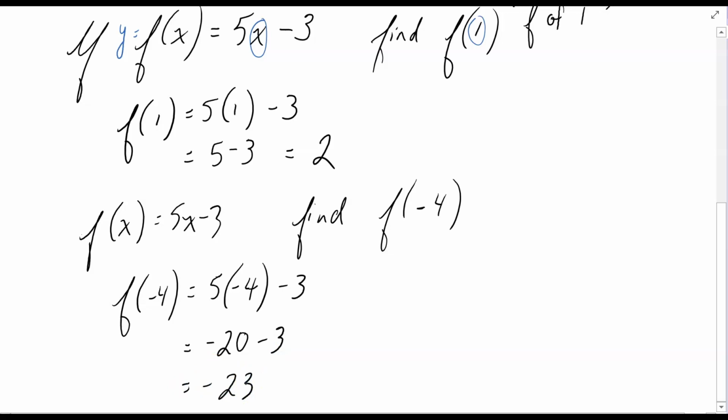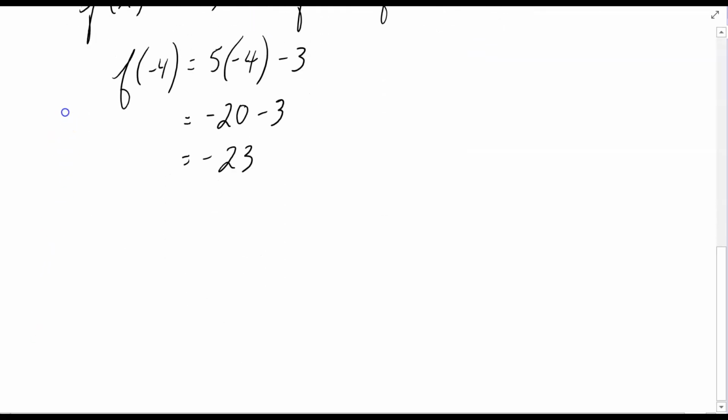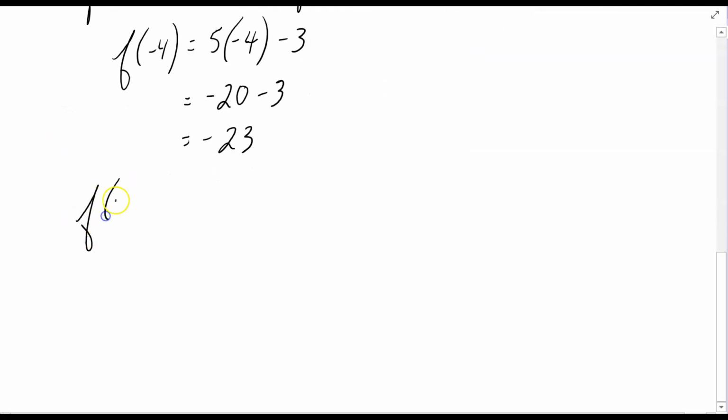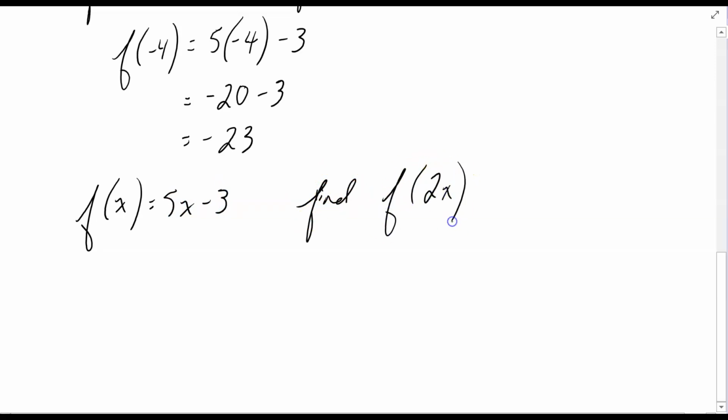Okay, now that's numerical values of x. Now they could also be different functions of x that we sub in for x. So let's take a look at that. If f of x, keep the same function, 5x minus 3, find f of 2x. Okay, the same process applies.